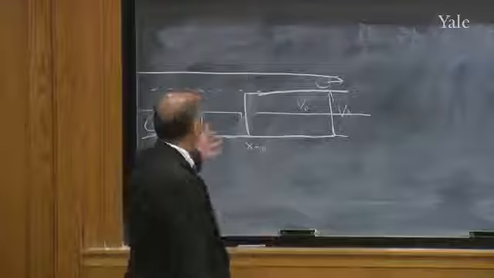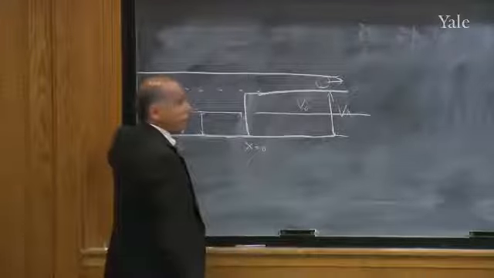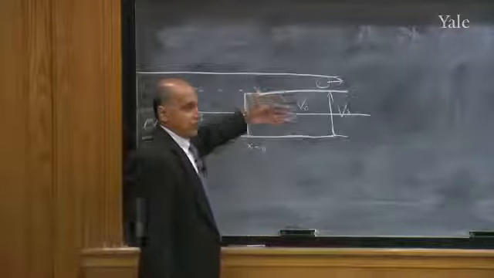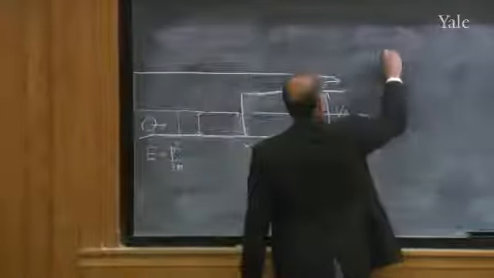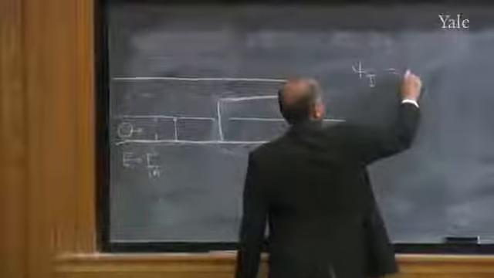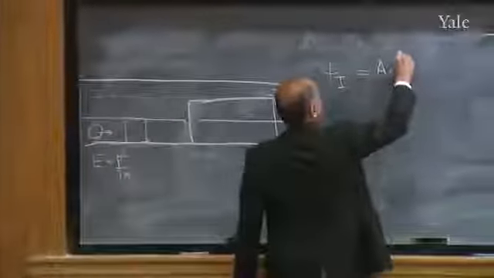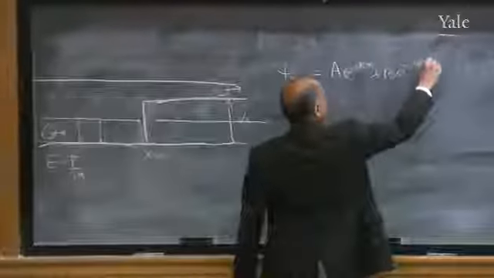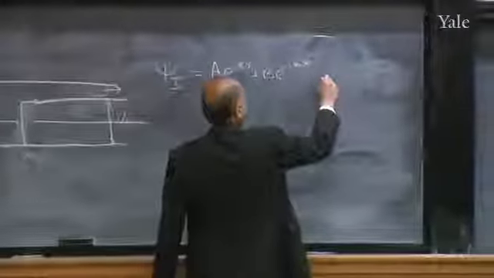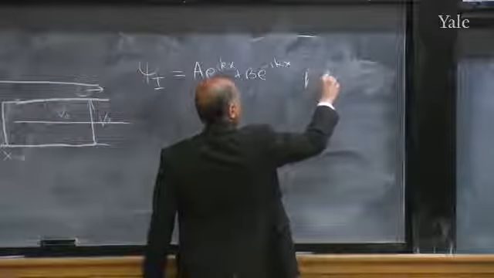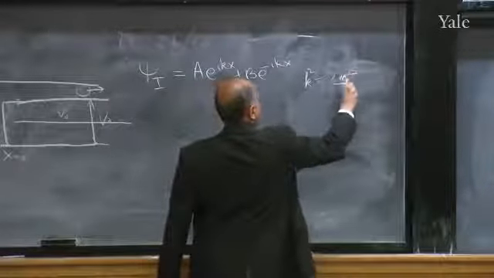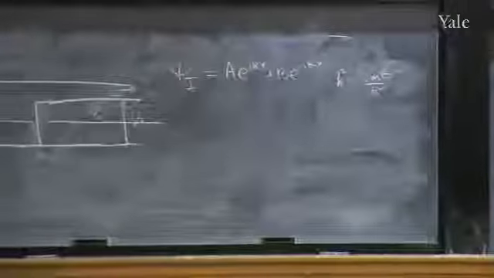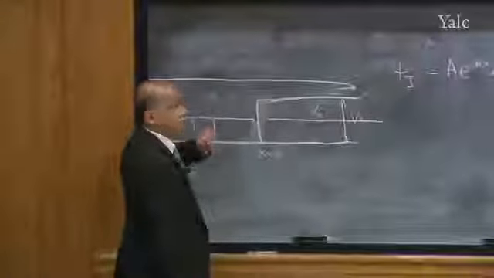So this problem is just the Schrodinger equation in the left region, Schrodinger equation in the right region. I'm going to spare you some of the calculation because it's so familiar. One will look like A e to the ikx plus B e to the minus ikx, where k squared is just 2mE over h bar squared here. First, let's take a case where E is bigger than V naught, okay?